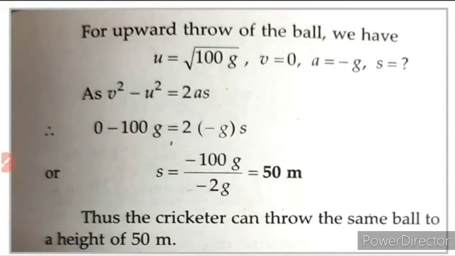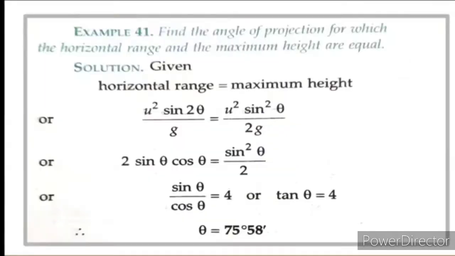So what is that height? That's what we need to find. We can use the third equation of motion and find that h or s. You can use the equation as you studied, and this equation you are also familiar with. So you'll get h to be 50 meter.